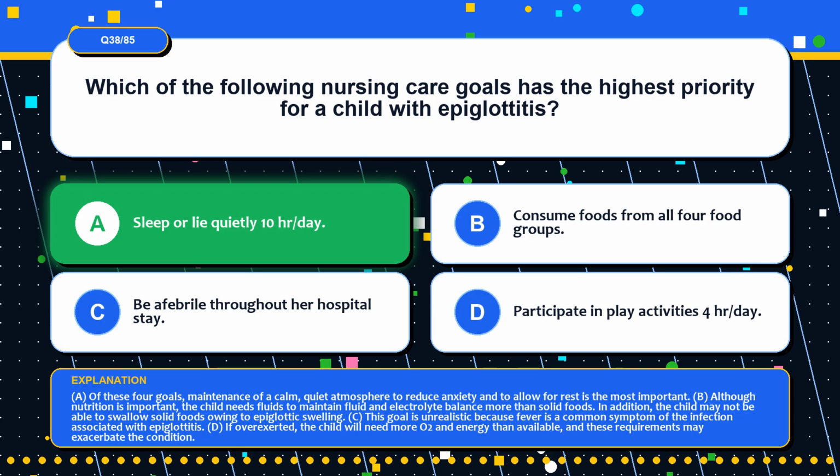In addition, the child may not be able to swallow solid foods owing to epiglottic swelling. C. This goal is unrealistic because fever is a common symptom of the infection associated with epiglottitis. D. If overexerted, the child will need more O2 and energy than available, and these requirements may exacerbate the condition.